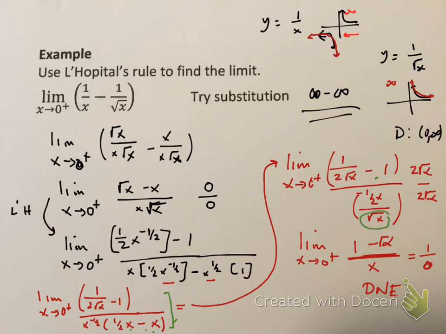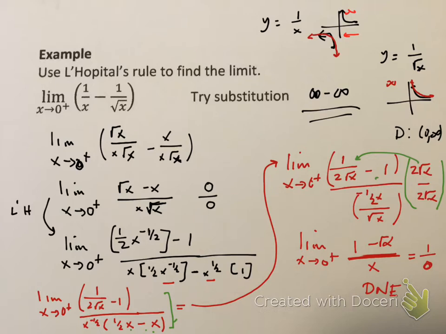So that's how I simplified that part of the expression. Then I decided to get rid of the complex fraction by multiplying by 1. The common denominator for all these fractions is 2 the square root of x, so when I distributed it, it got rid of the fraction.